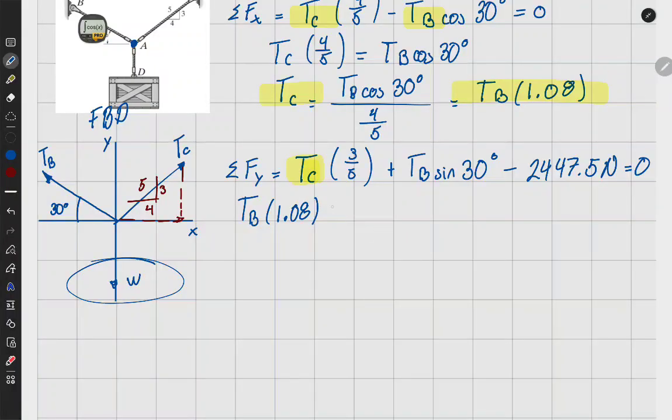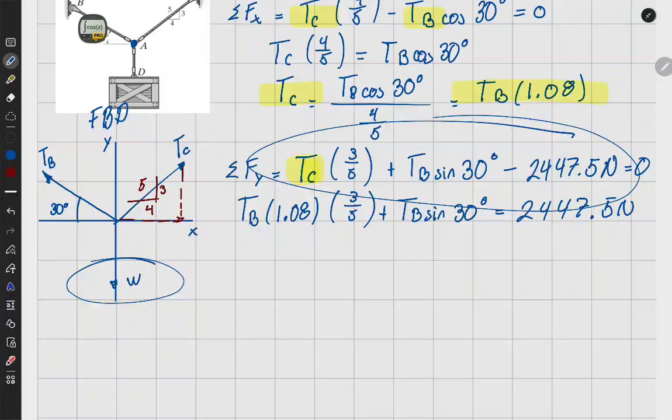You only substitute the values, and then times 3/5, then plus TB sine of 30 degrees, and this equals, it's going to pass to the other side of the equation with a positive sign, 2447.5 newtons. You can observe that this part of the equation is only with respect to the tension in the cable B.